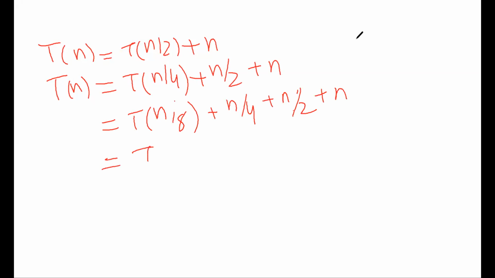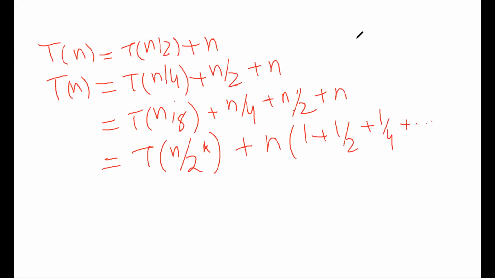So it is T of n, 2 to the power k plus just 1 plus 1 by 2 plus 1 by 4, 2 to the power 2, 1 by 2 to the power k minus 1. So if n is equal to 2 to the power k, what we are worried about is the sum of this series.